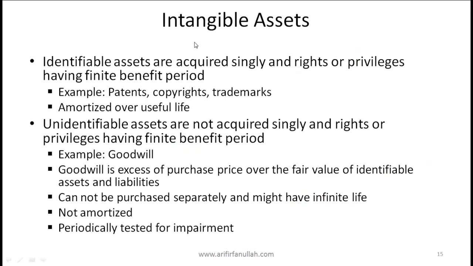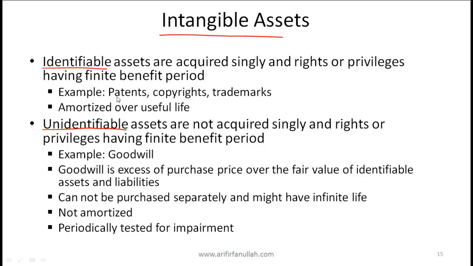Intangible assets are acquired singly, and rights or privileges have finite benefit periods. With intangible assets we have two types: identifiable and unidentifiable. Identifiable assets are acquired singly, and rights or privileges have finite benefit period. So what exactly does this mean?